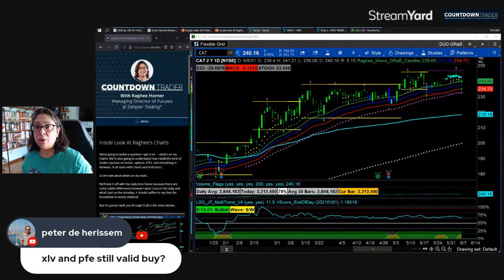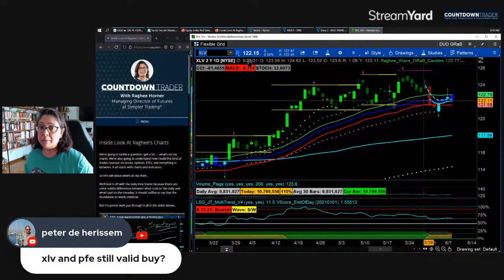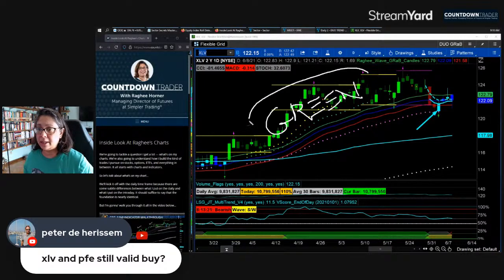All right, so XLV and PFE, are they still valid? So remember, we'll talk about a market that's being compressed right now. The overall market is, again, look at all the green GRAB candles. Green, green, green, green, green. That's indicating the environment that I'm in. That means that I want to be a bull. I want to be a buyer. I am bullish.